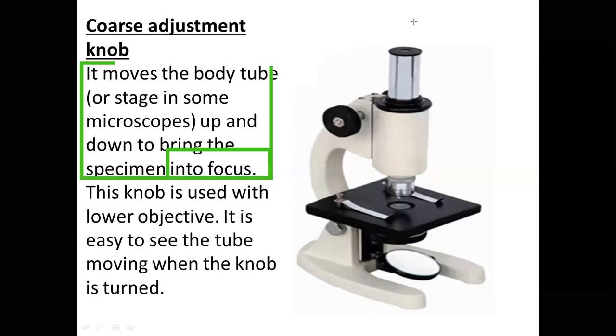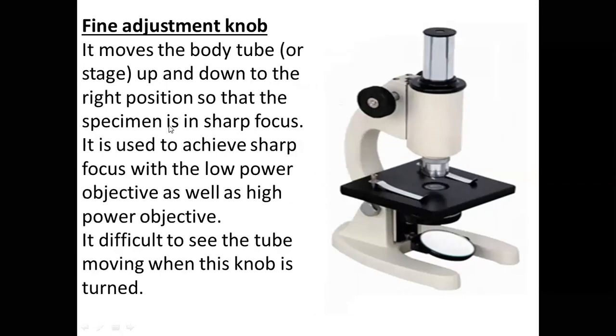Now, down here we go to the fine adjustment knob. Depending on the microscope, it could be this part here. The coarse adjustment knob is the bigger one, then the smaller one inside here is the fine adjustment knob. This one moves the body tube up and down into smaller distances, bringing the specimen into sharper focus.